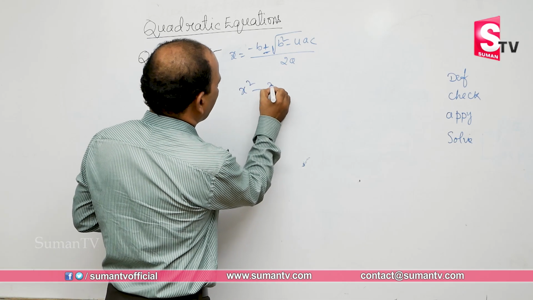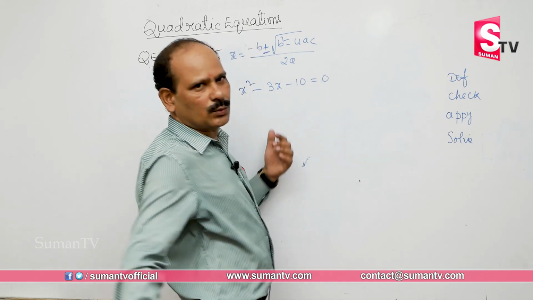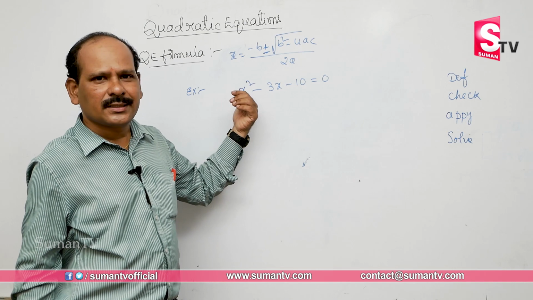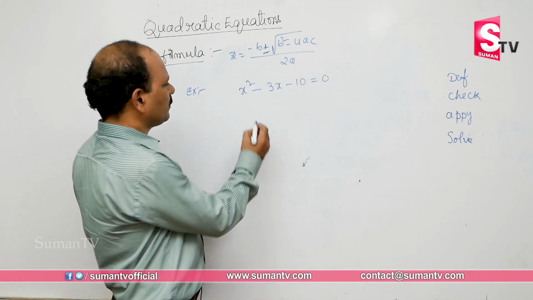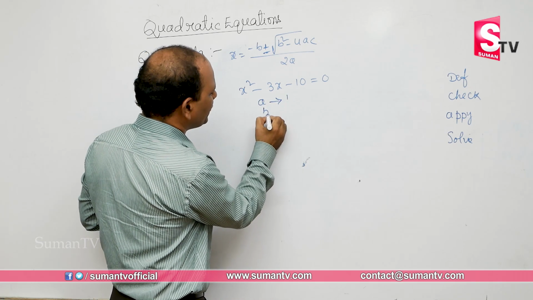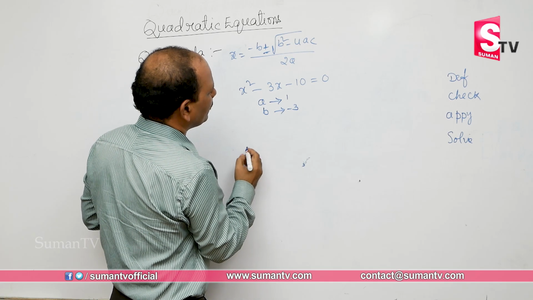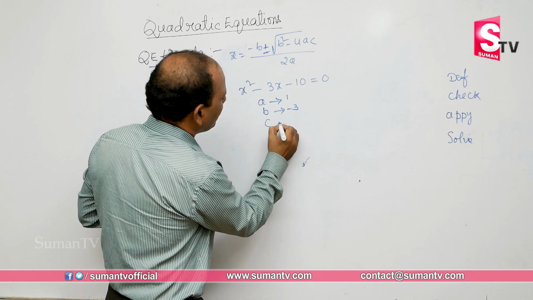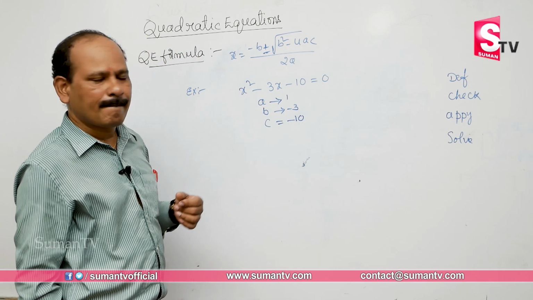x square minus 3x minus 10 is equal to 0. The problem is x square minus 3x minus 10 is equal to 0. Now, what is a here? Plus 1. What is b here? Minus 3. What is c? c is equal to minus 10.